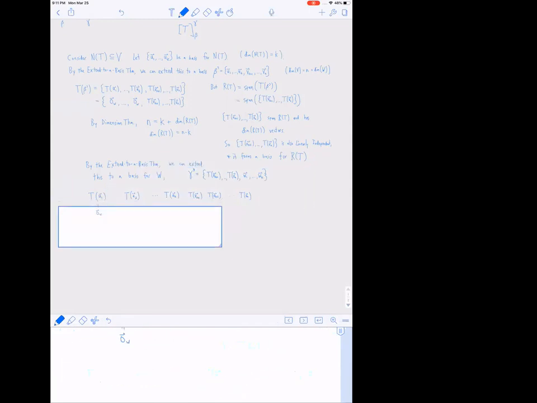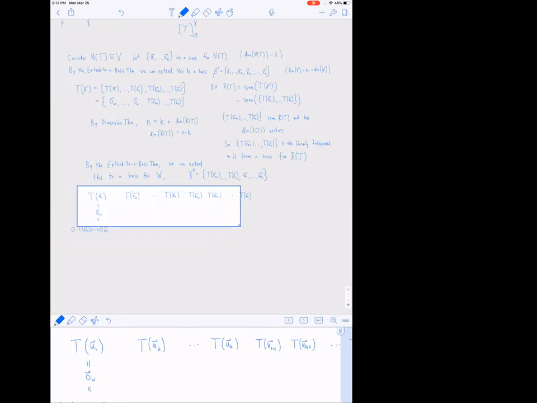That's equal to 0 times T of vk plus 1 up through 0 times wk, which means that the first column of this matrix is going to consist of all of these coefficients. It's going to be all zeros. And that's fine for a diagonal matrix, because all we need to do is make sure that we have all zeros off of the diagonal. So the top left entry will be a 0, and then all the rest will also be 0.